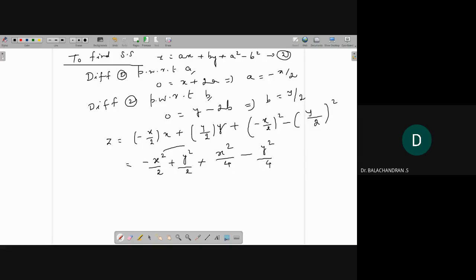If you add these, we get minus x square by 4, and we'll get plus y square by 4. The left hand side is z. So the final answer, you can stop here, or 4z equal to y square minus x square. So this is the singular solution of equation 1.